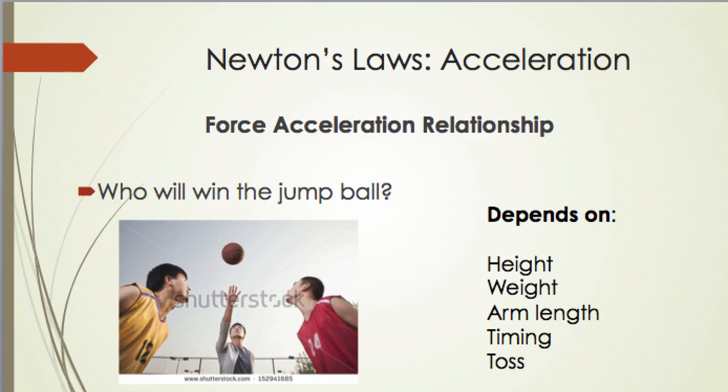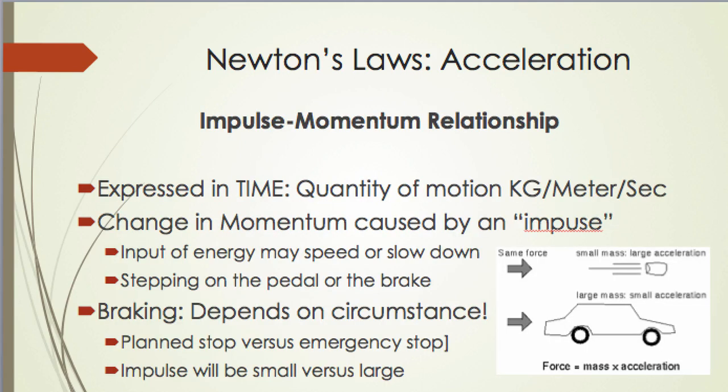It's going to be the person who is able to create the highest degree of force and acceleration through his muscles. The second way we'll look at acceleration is through the impulse-momentum relationship. This is a relationship that's expressed in time. It's a quantity of motion in kilograms meters per second.